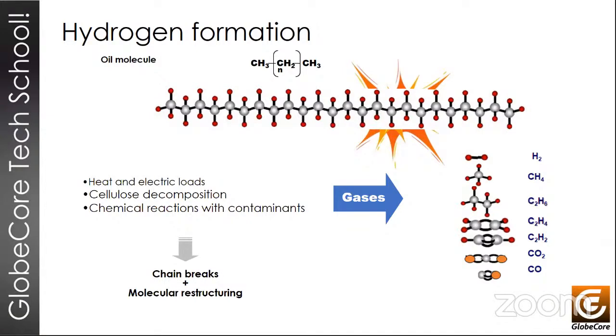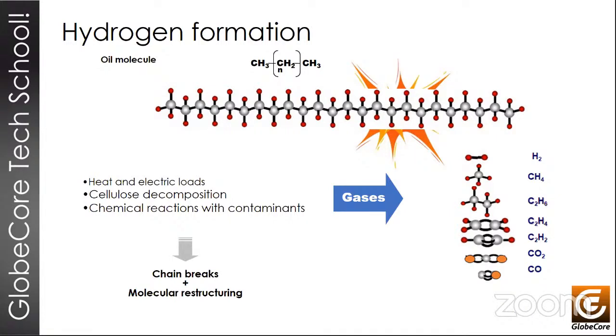So we have free atoms in the insulating liquid. And these atoms have a certain energy, which will allow them to rearrange themselves into different compounds. Hydrogen, for example: the atoms of hydrogen can clump together, forming actual gaseous hydrogen.